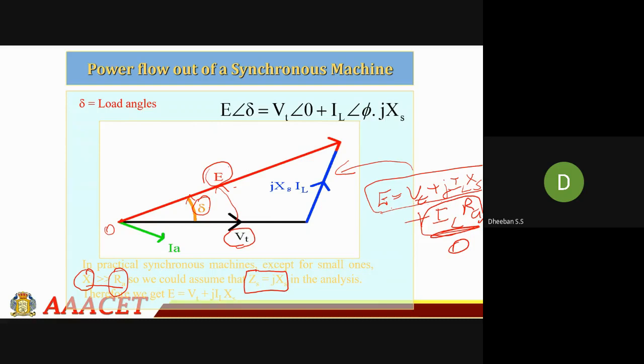This is your voltage drop, and this voltage drop is represented by this blue line. Finally this is IA, the current flowing in your armature. Generally we are neglecting this RA, but we are considering this IA, since RA is very negligible.